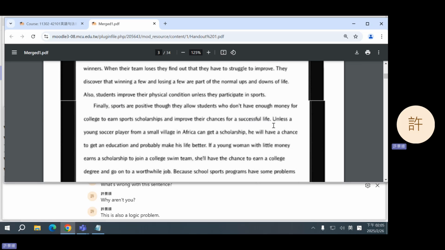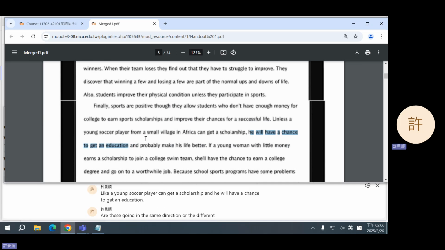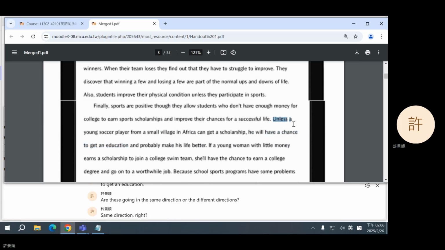Are the two halves of this sentence going in the same direction or in different directions? Like a young soccer player can get a scholarship and he will have a chance to get an education. Are these going in the same direction or the different directions? Same direction, right? So I think this is a problem.